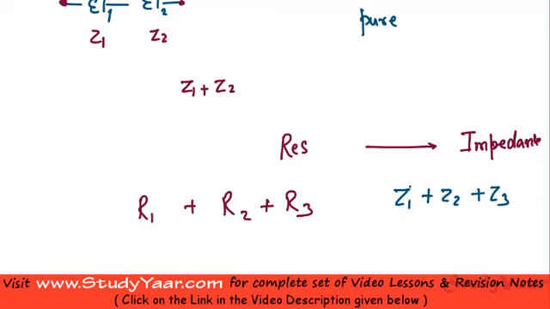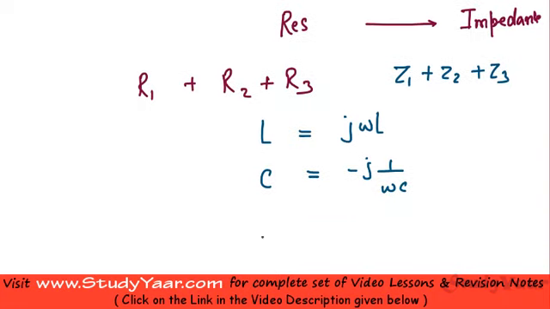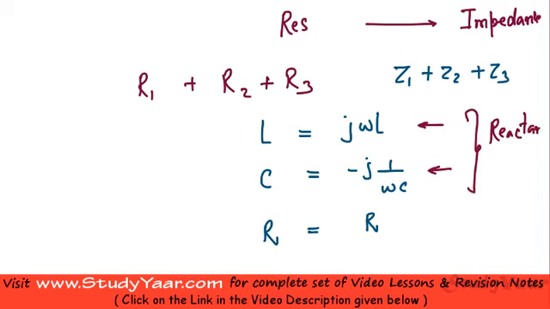Now we have seen the impedance offered by an inductor is equal to j omega L. The impedance offered by a capacitor is equal to minus j 1 upon omega C. And the impedance offered by a resistor is simply equal to R. These are imaginary quantities, therefore these are also known as reactance.